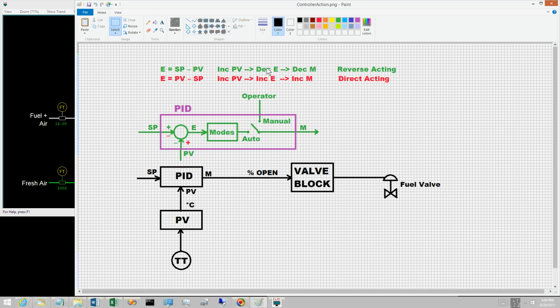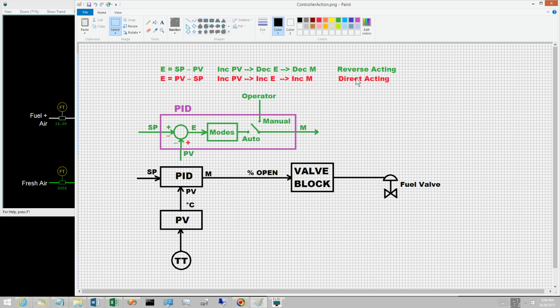On a decrease in the control error E, the PID control logic in the modes block decreases the controller output M. Consequently, an increase in the PV causes the controller output to decrease. By the terminology used in the process industries, this controller is reverse acting.